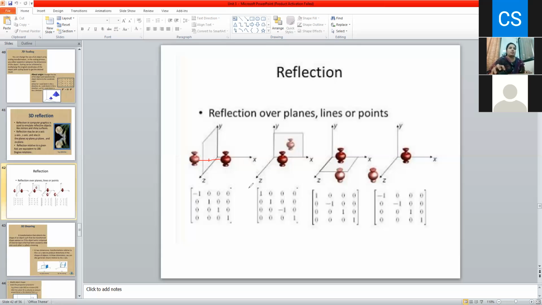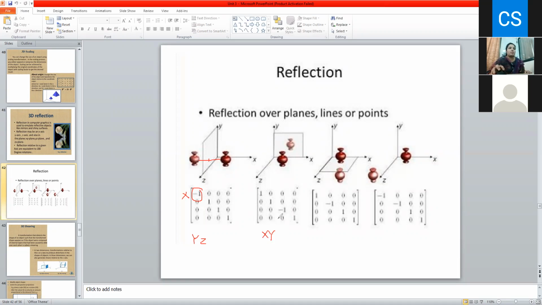The reflection about xy. So reflection is taken with respect to xy. So z will change its value. The missing term always changes. That only you have to remember. If the yz plane is there, the missing term is x. So x is changing in its sign. Then the xy plane is there.